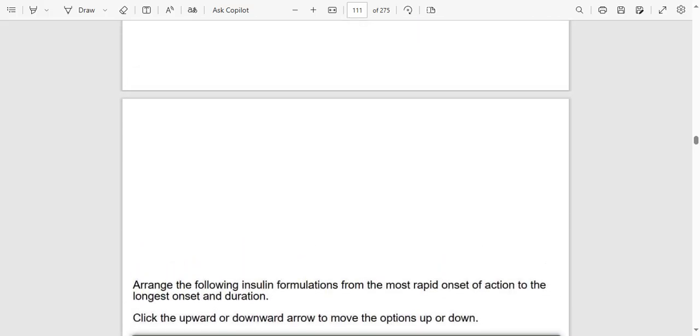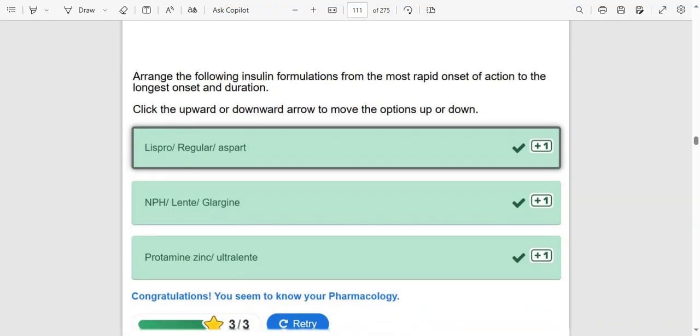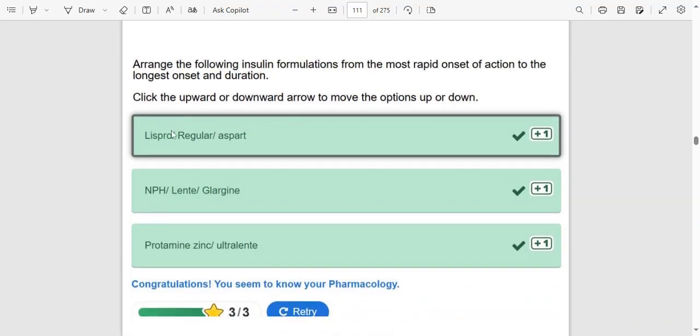So I want to arrange the following insulin information from the most rapid onset of action to the longest. For that one you can just look at them. I've got Lispro, NPH, which is Lente, and then protamine zinc, Ultralente. The Ultralente and protamine zinc are slow acting.